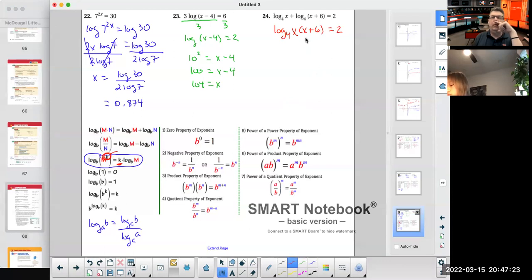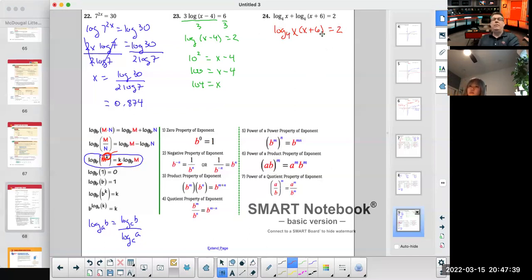Since we have one logarithm and it's equal to a number. You also log it. Well, no, then I would have to take the log of a log on both sides.